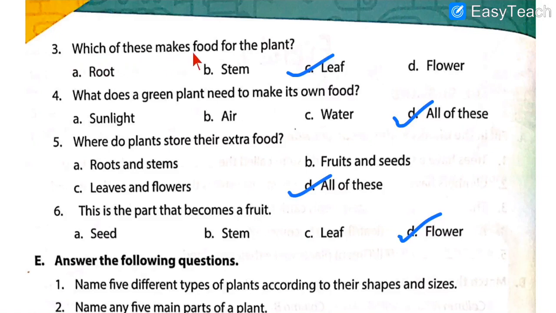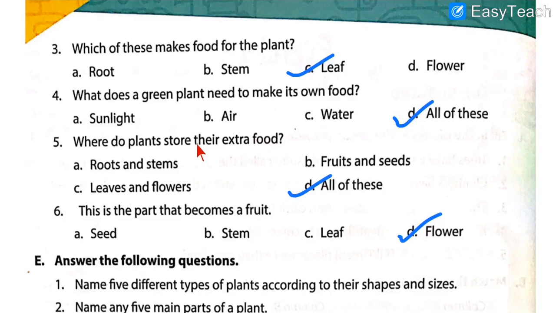Number 3. Which of these makes food for the plant? Leaf. Leaf makes food for the plant. What does a green plant need to make its own food? It needs all these things: sunlight, air, water. So all of these.